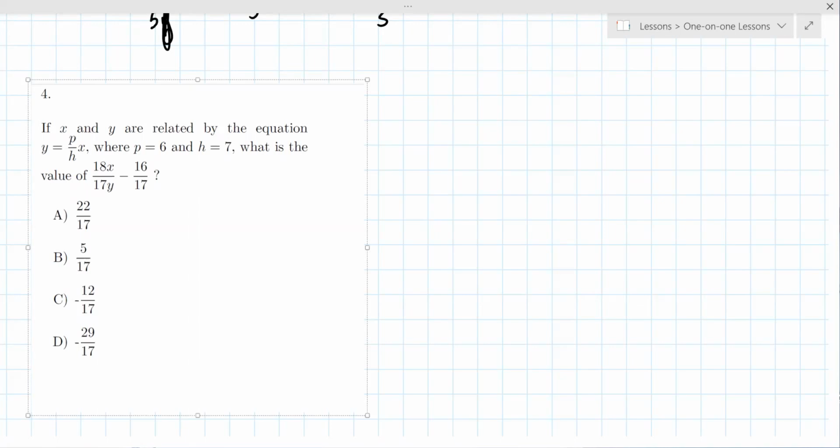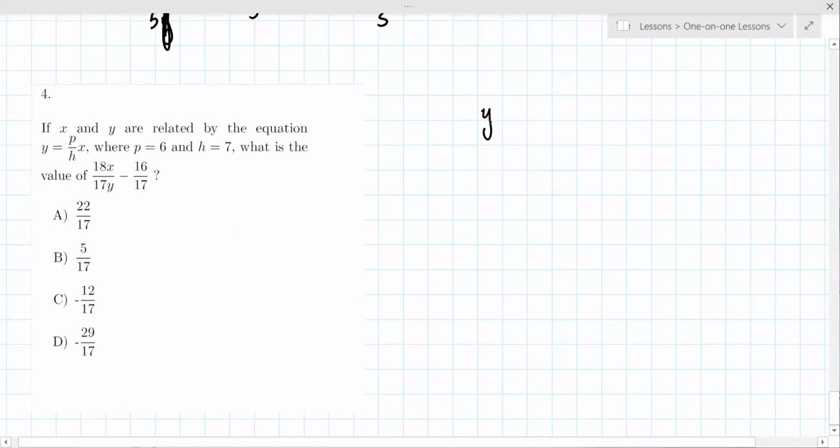When you're going from y equals 6/7 x to like x equals something, do you just flip it? Would it be x equals 7/6 y? Yeah, so this is true. What you just said is true.